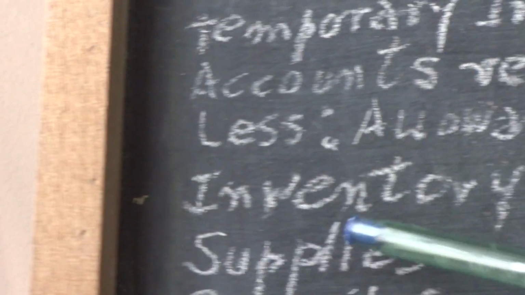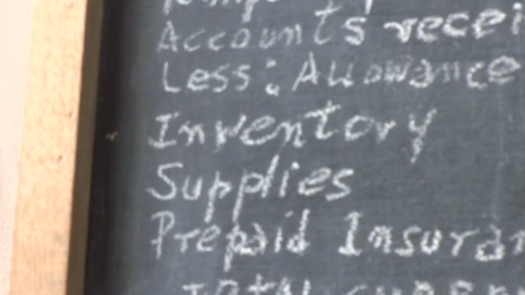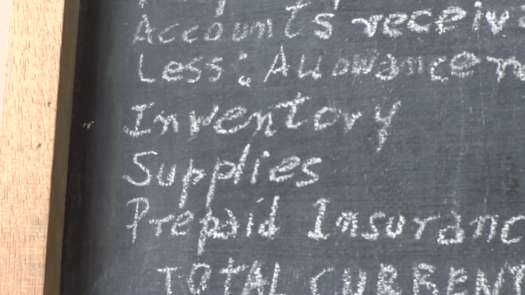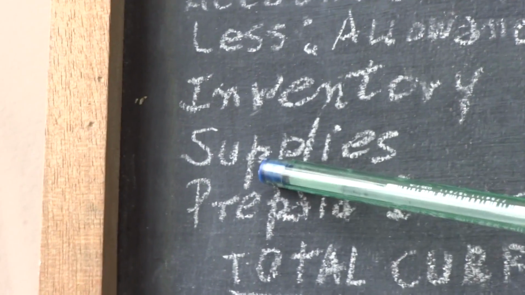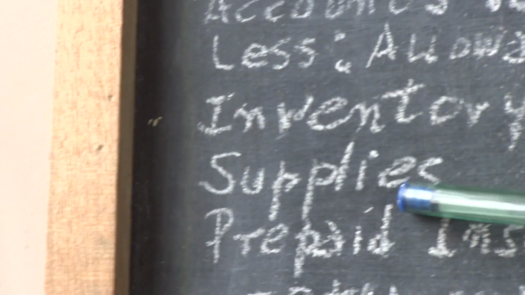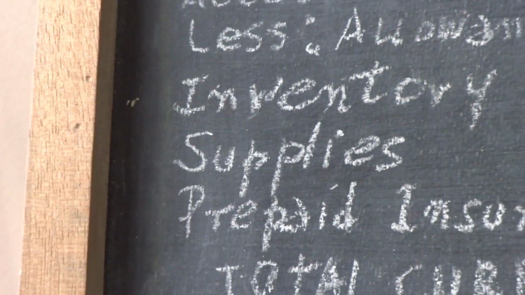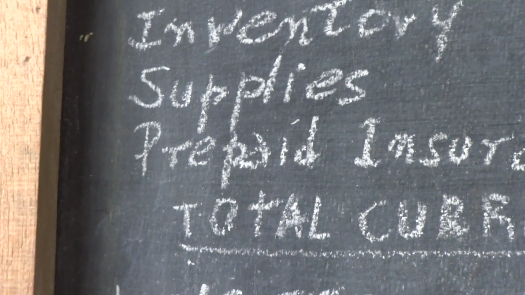Then we have the inventory by $31,000. The inventory is the merchandise the Bright Corporation has to sell to its clients. Later on, we have supplies by $3,800. These are the goods that the company has to make a commercial operation or administrative activities.